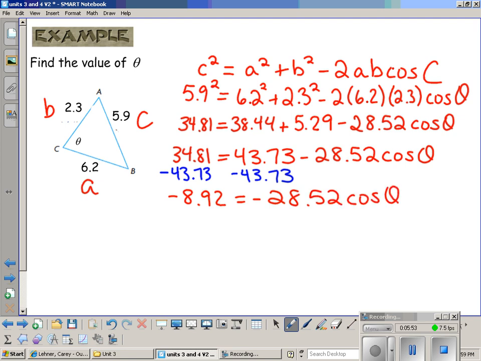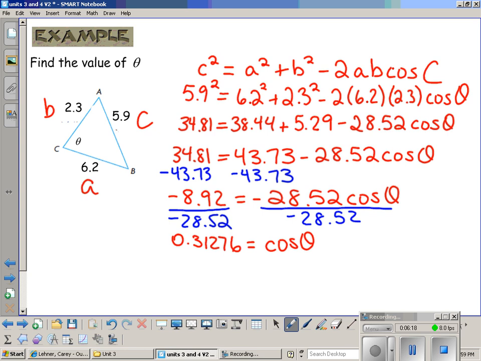So now we want to get the cos theta by itself. So we are going to divide by negative 28.52. And we will end up with 0.31276, etc.